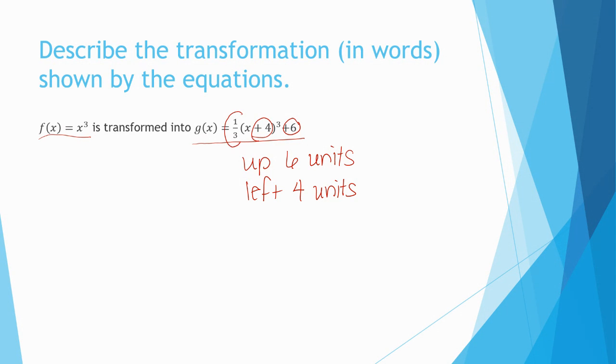And then I'm multiplying 1/3, which means that I have a vertical shrink by 3. I've made it 3 times shorter because I've cut it to 1/3, okay?